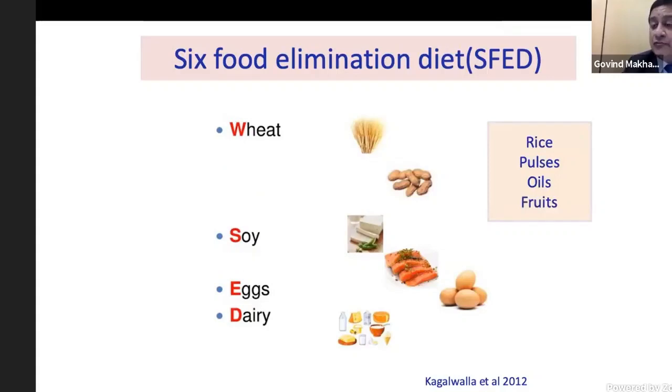Then comes the 4-food group. Rather than 6, do 4: wheat, soya, eggs, and dairy. There is also a regimen where they remove only 2 food products, wheat and dairy, because they are the most common allergens which lead to eosinophilic esophagitis. So you either do 2-food, 4-food, or 6-food elimination in these patients.